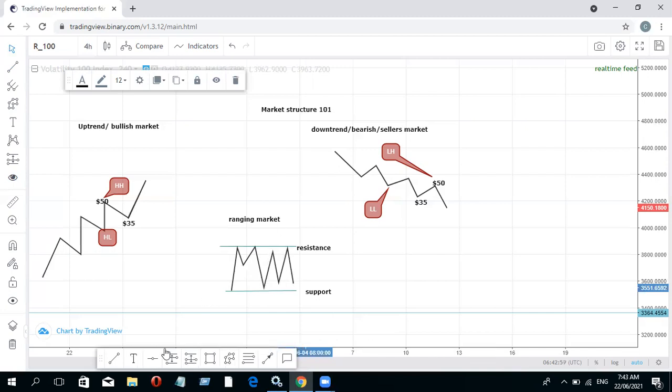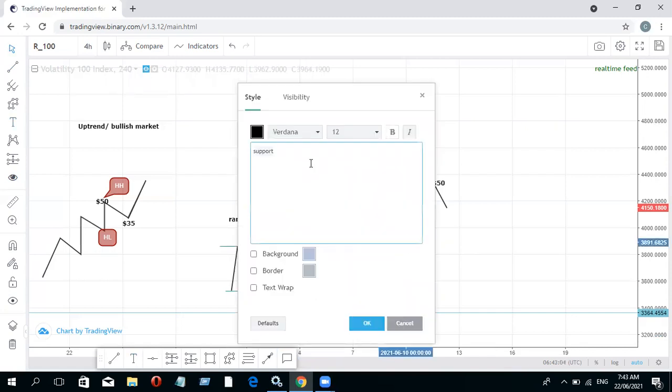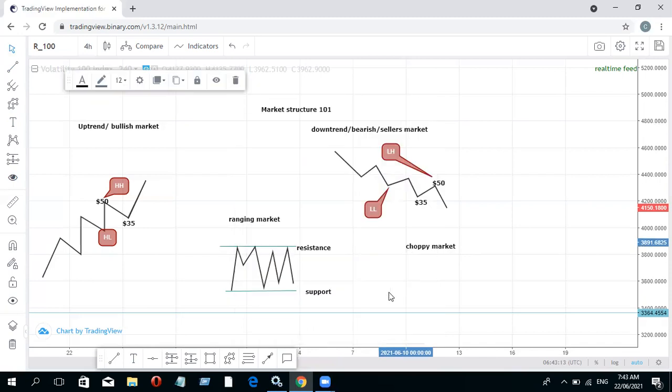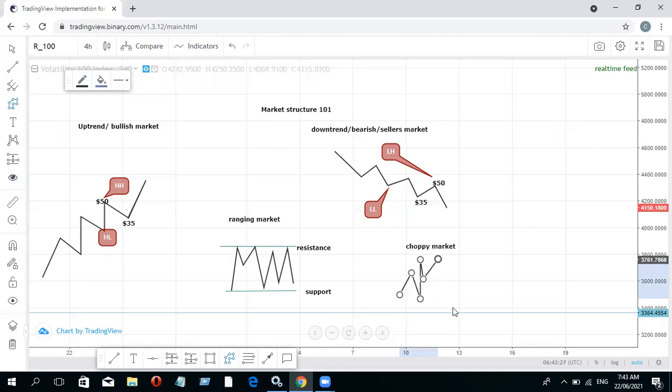And then the last kind of markets we have is what we call the choppy markets. The choppy market is something like this. It goes up, comes down, goes up again, comes down, goes up, comes down, goes up.